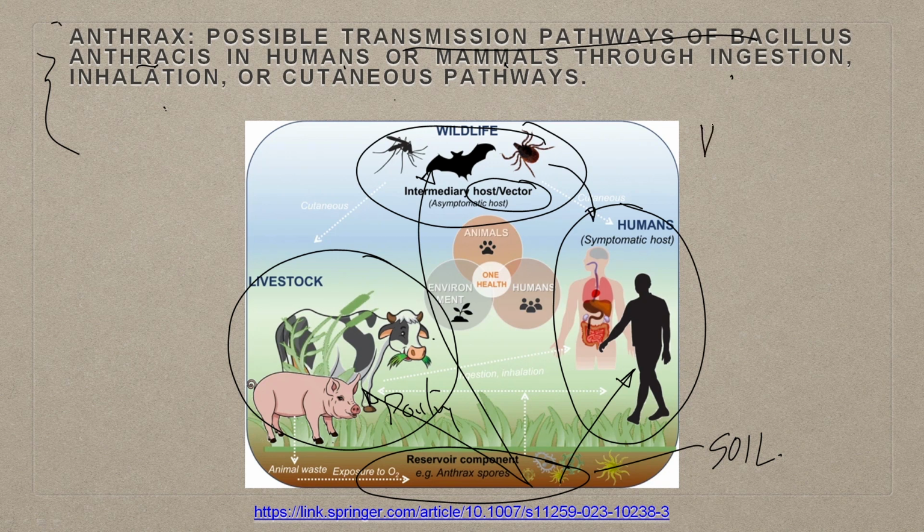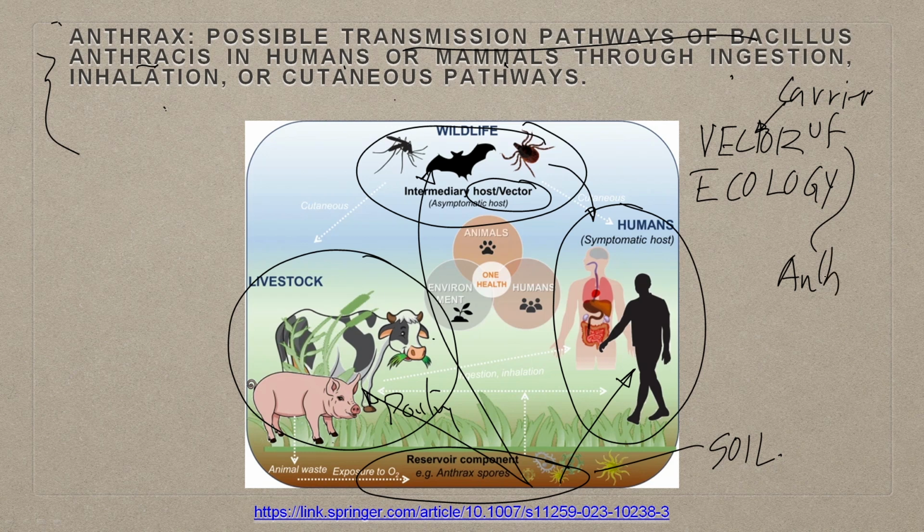So, this brings us to the vector ecology, or the carrier. When you talk about the vector, we are talking about the carrier of anthrax in this case. Which animals or insects?